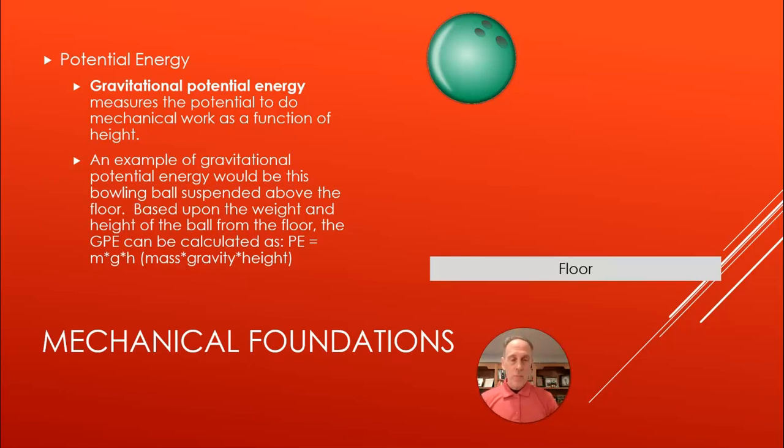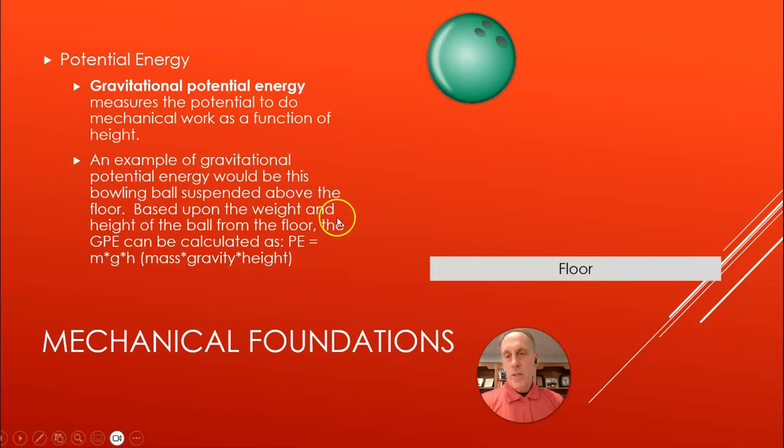Because gravity, at 9.8 meters per second squared, is one of the key parts of this equation, where it's mass times gravity times height, meaning how far away from the floor that ball is falling. And that's going to matter in terms of determining how much energy is being created from the force of gravity pulling that ball down towards the floor.